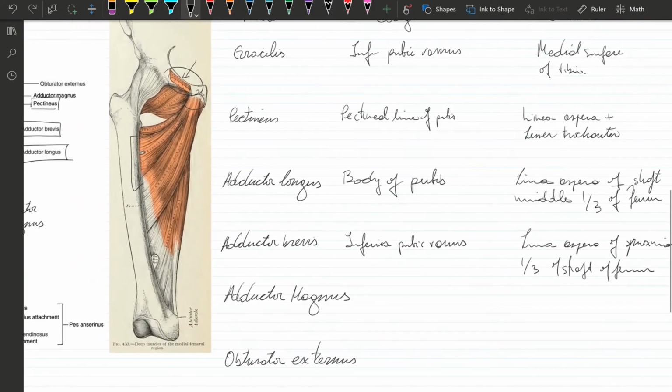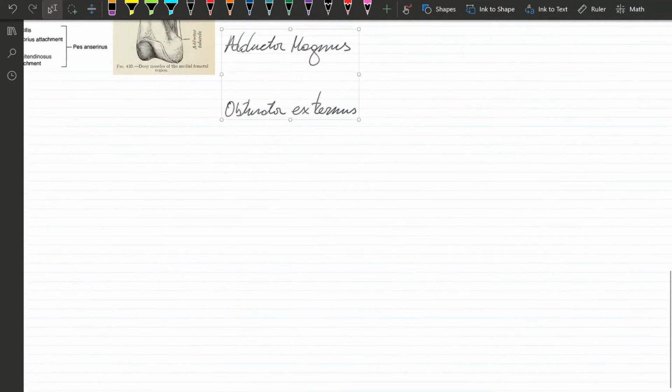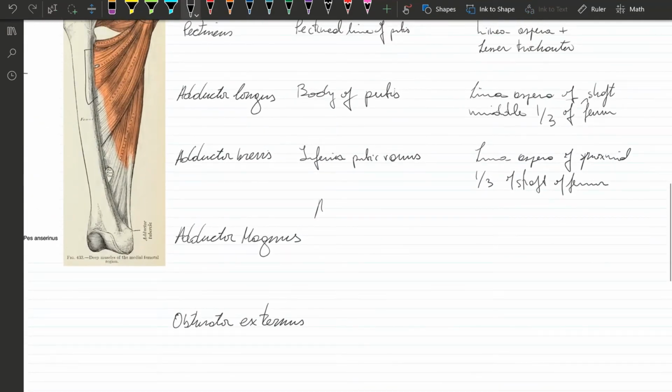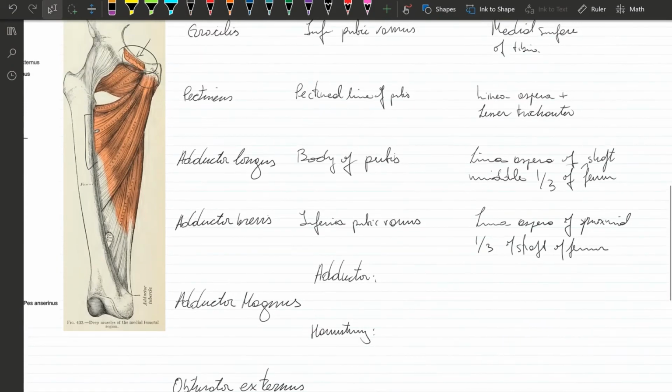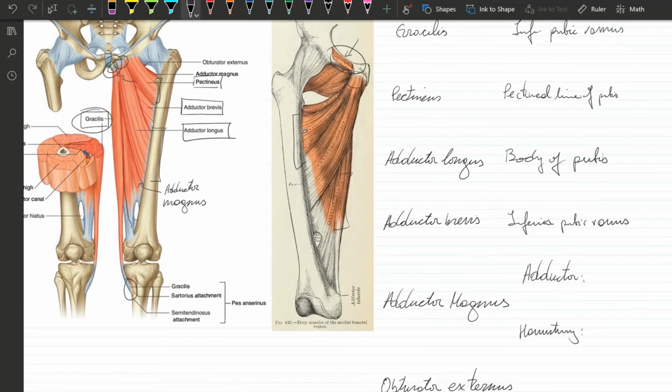Then we have the adductor magnus. The adductor magnus is going to have two origins and two insertions. I'm going to separate this because it's going to occupy a little bit more than the usual. It's going to have an adductor and the hamstring side. On its adductor side, that's the adductor magnus, and we also see this entire portion.